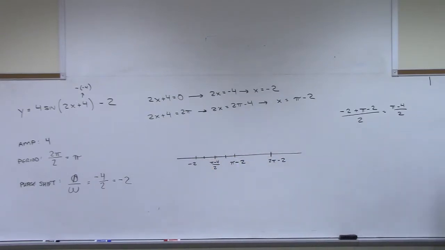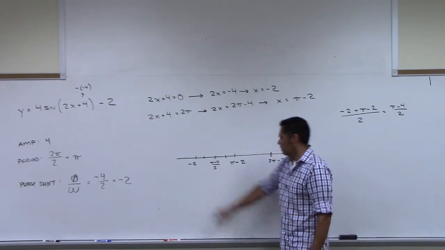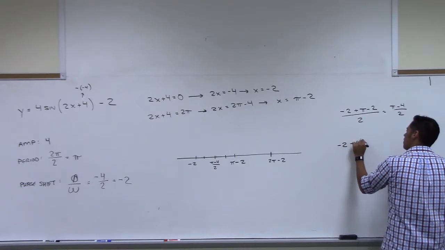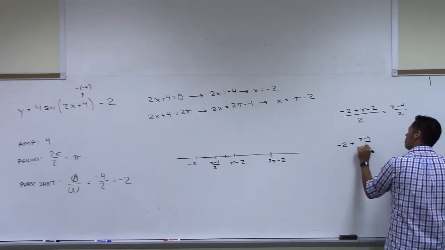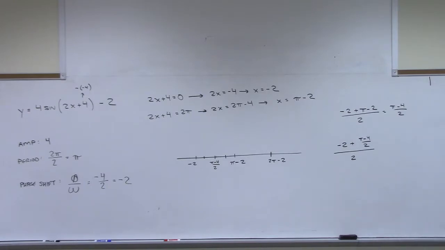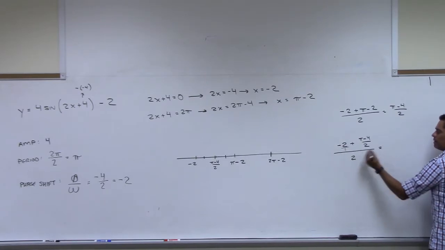Okay. What about the midway point between here and here? So I need to do -2 plus pi minus 4 over 2, but then all of that divided by 2. Same game, right? How do you add those two together? Common denominator. So I need to turn this negative 2 into what?